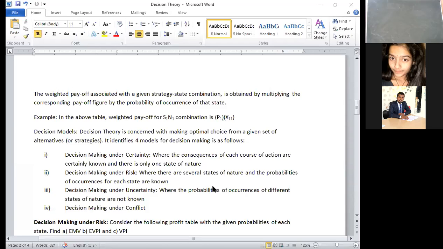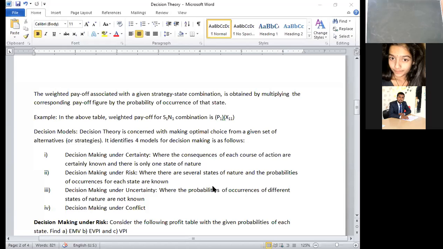That means they are not aware of the entire thing. Compared to certainty, they have less knowledge of whatever consequences they will face in the MBA program. Whatever it is, anyhow you have to complete the MBA degree.